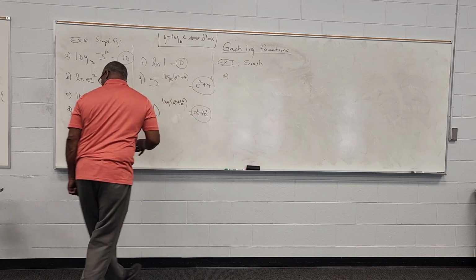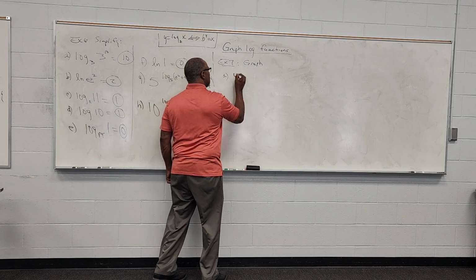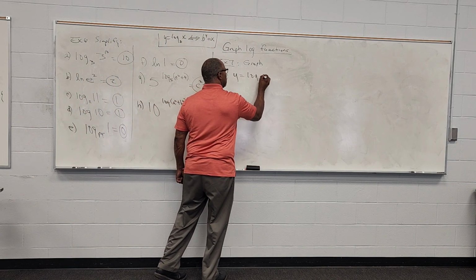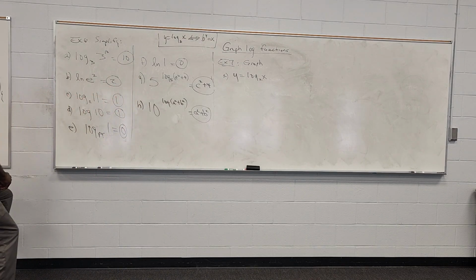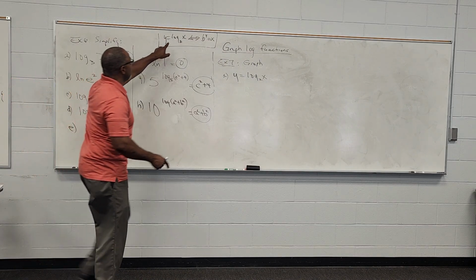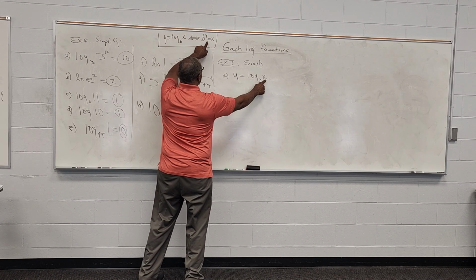They say y equals log to the base 2 of x. I want to graph that function. Well, I know this equivalency: y equals log to the base b of x is equivalent to b to the y equals x.